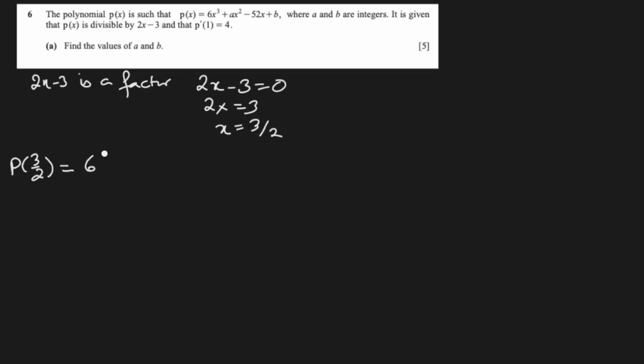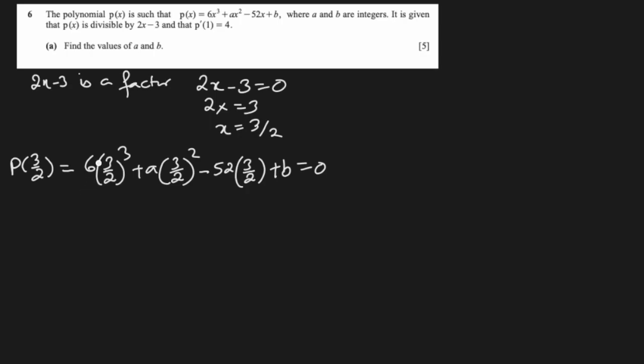Okay, so it becomes 6 times (3 over 2) cubed plus a times (3 over 2) squared minus 52 times 3 over 2 plus b equal to 0. 3 cubed is 27.